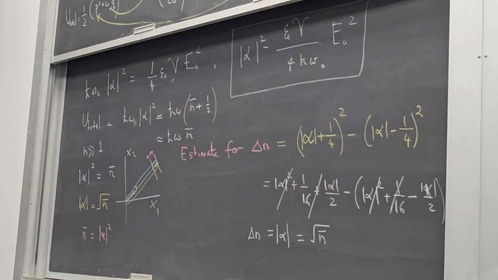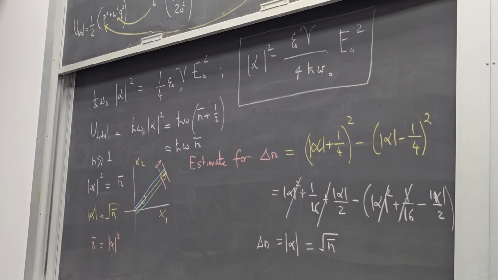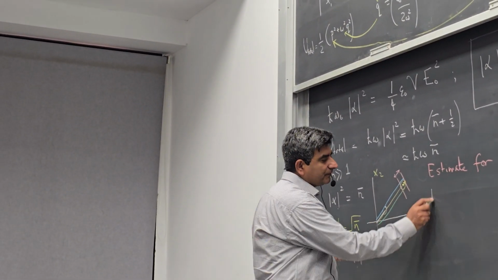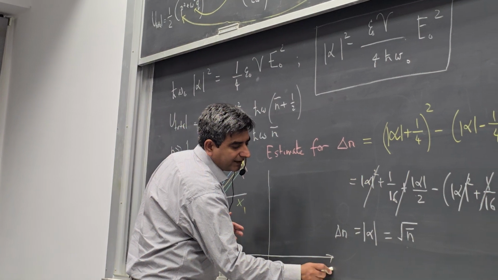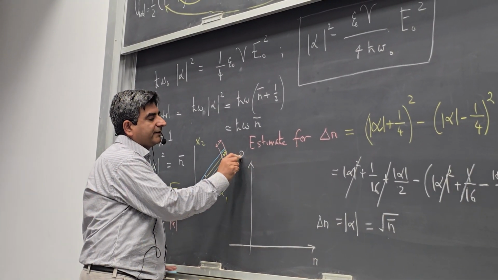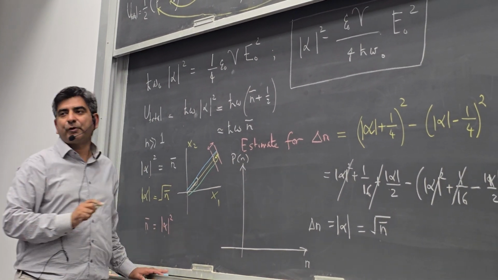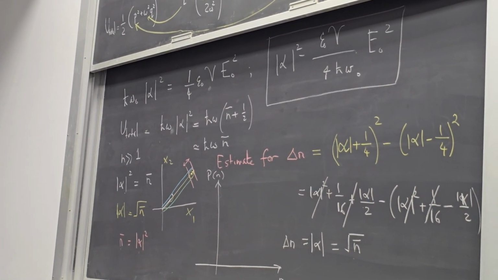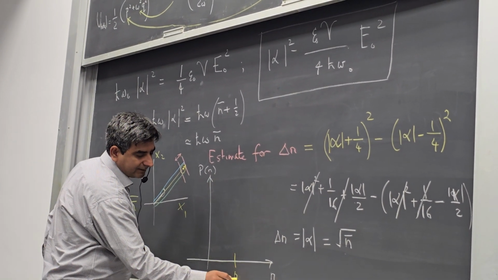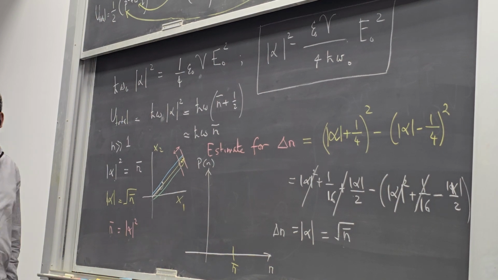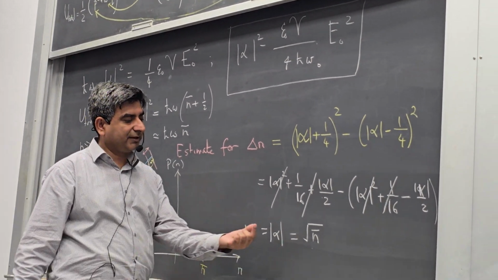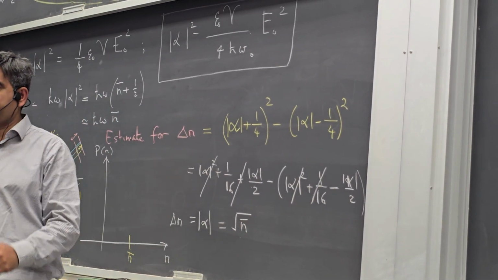So now if you study statistics, this kind of looks familiar. You have a distribution. So if I were to plot n here, and here I plot the probability distribution as a function of n, and I want to find out how many photons exist inside the coherent field. Now there's an average number, n bar, and the uncertainty in n, which is the width of the distribution, is given by the square root of this average.